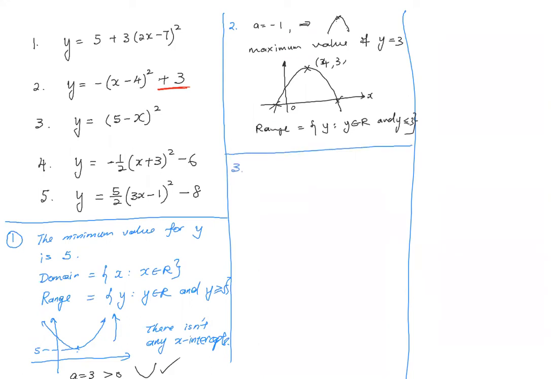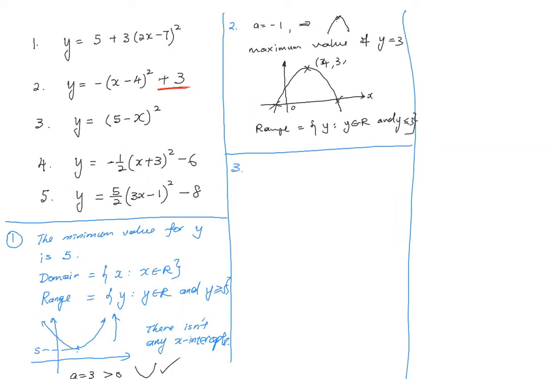Number 3. Cut, touch, or no? X-axis I'm referring to. No one want to answer, then I pick the name. Touch. How you know it touch? Minimum value is 0.